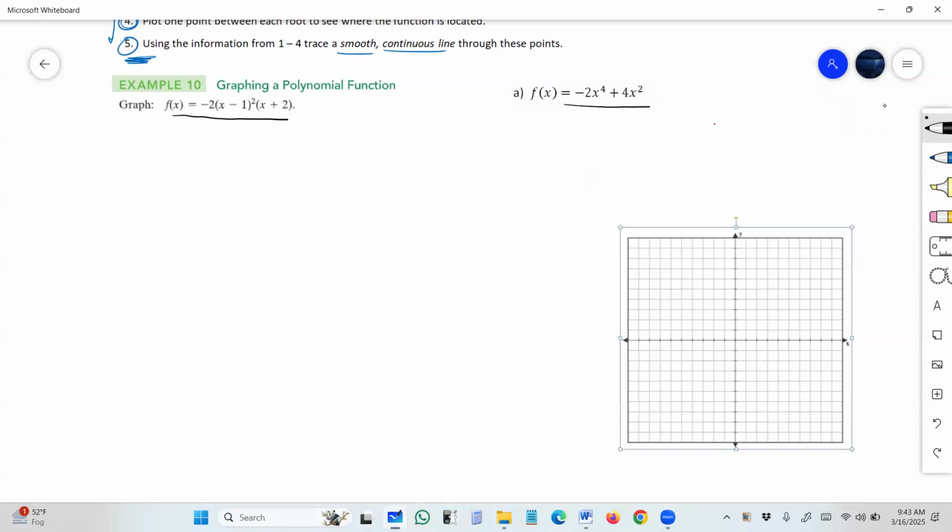So the very first thing that I have to do is I have to fully factor this thing. Okay. So f of x. And I'm going to use one of the basic techniques that are required for factoring, which is greatest common factor, grouping, trinomial, or difference of squares. And I can see I can factor certainly a -2, and I can factor an x squared out of this polynomial.